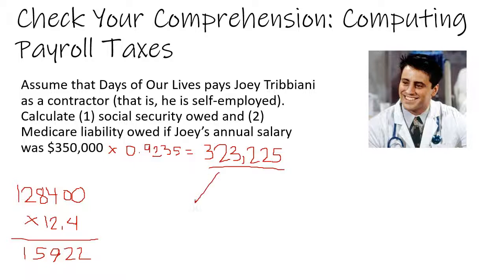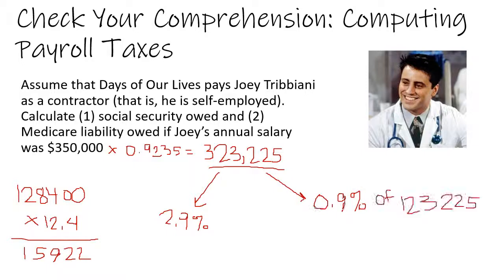Joey owes 2.9% of the adjusted revenue plus 0.9% of this adjusted amount above the $200,000 individual additional tax.